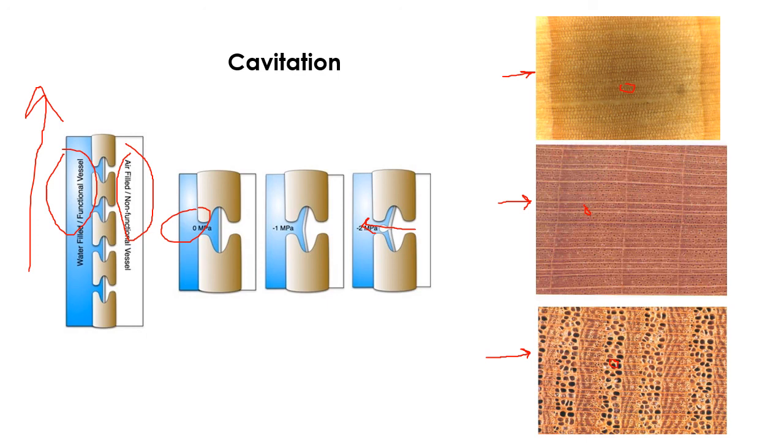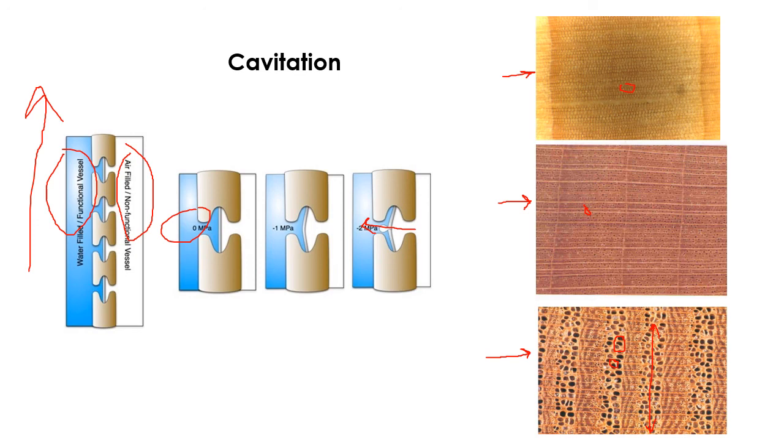But with oaks, because these vessels are so big, they can be so efficient at moving water up. If you lose them, the next year you can just grow some more, and you're not at a big loss. You don't need a lot of sapwood. You don't need many years, many rings of sapwood. You just need one or two.